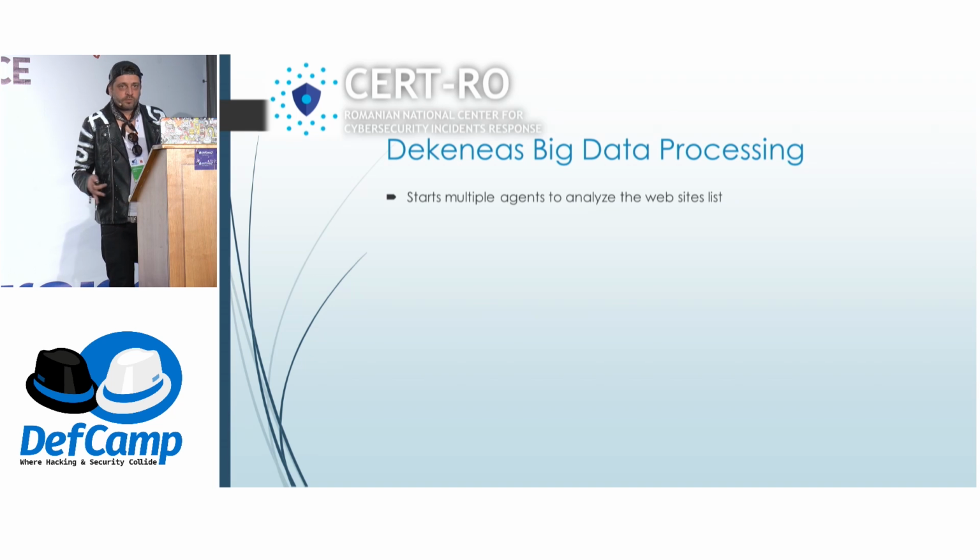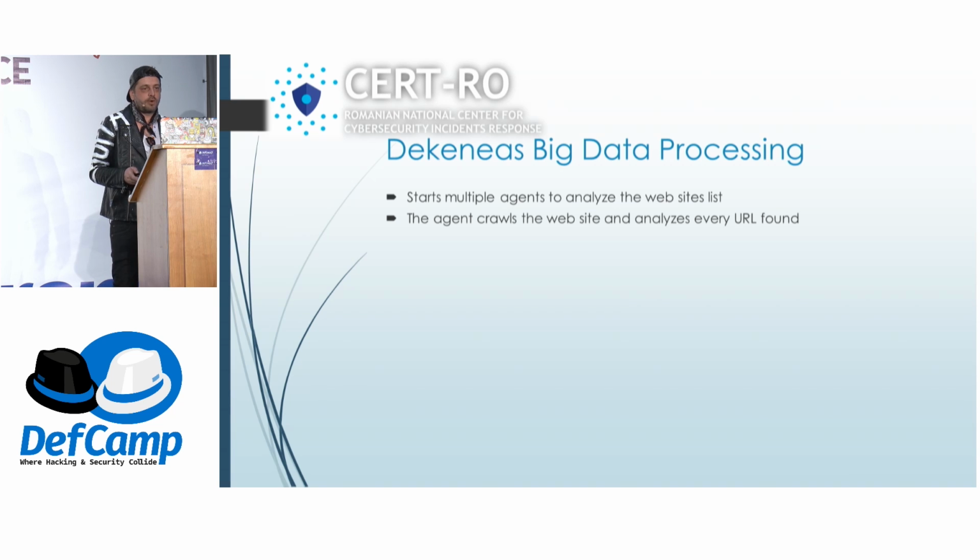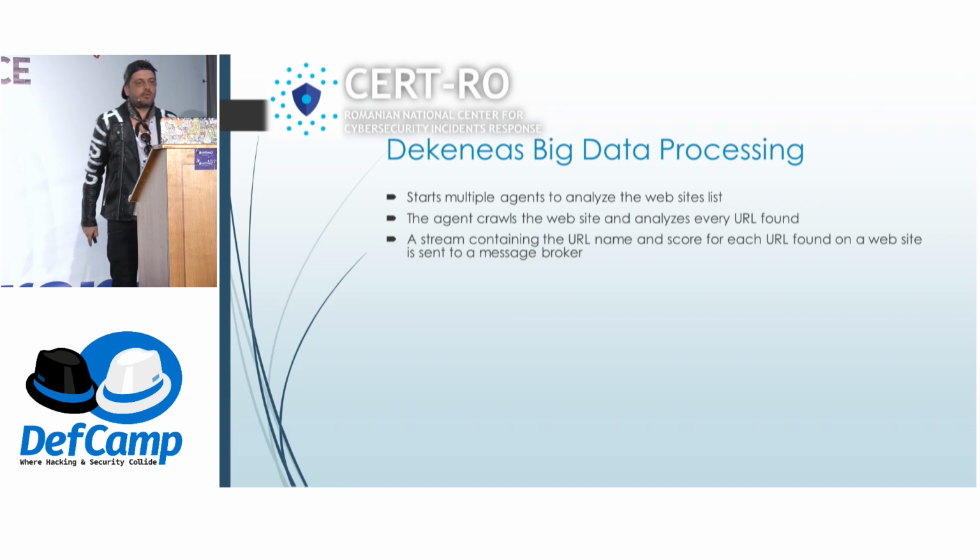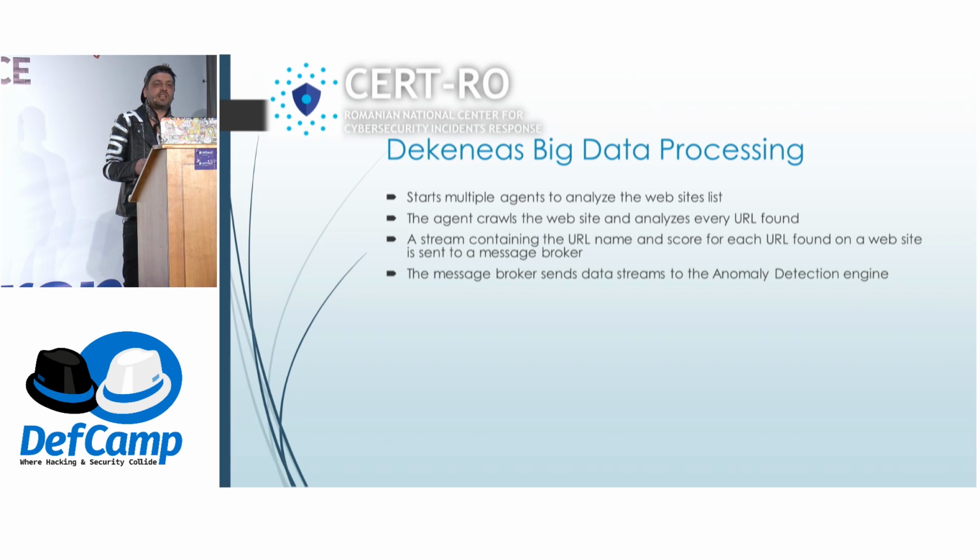So the big data processing for Dekeneas, the name of the tool we developed, basically starts multiple agents to analyze a given list of websites. The agent crawls the website and analyzes every URL found. A stream containing the URL name and the score for each URL found on a website is sent to a message broker. The message broker sends data streams to the anomaly detection engine.